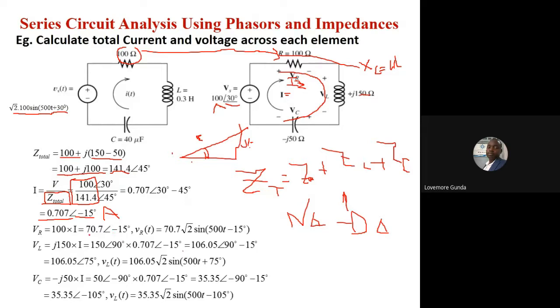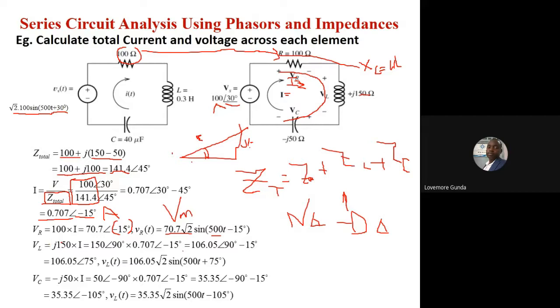Which is 70.7 at an angle of minus 15 degrees, right? Then in the time domain, it's now 70.7 root 2, we are going back to Vm, right? Sine 500t, that's our omega, minus 15 because our angle is minus 15 degrees. Okay?